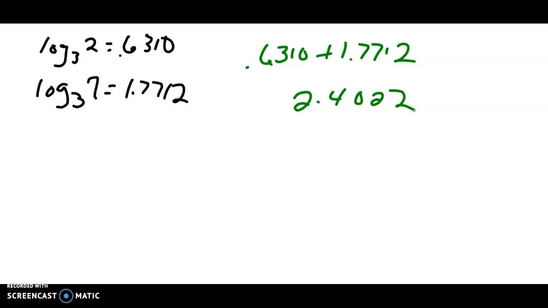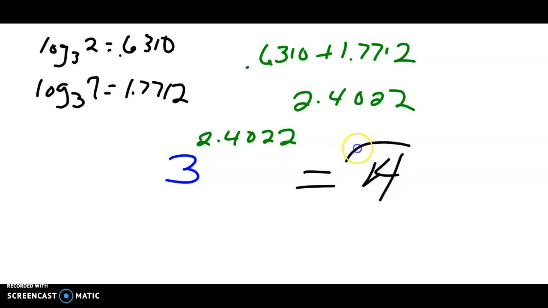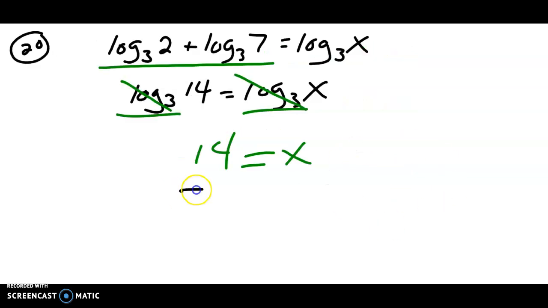So what does that mean? Well, if you go back, remember, it was a base of 3. This value that we found is our exponent. So if you put that in your calculator, what is that equal to? 14, which is what we got right here.